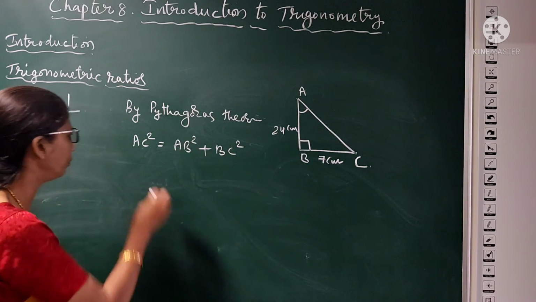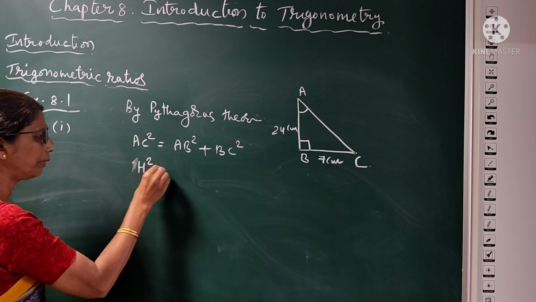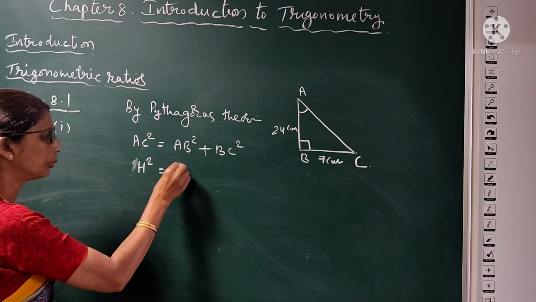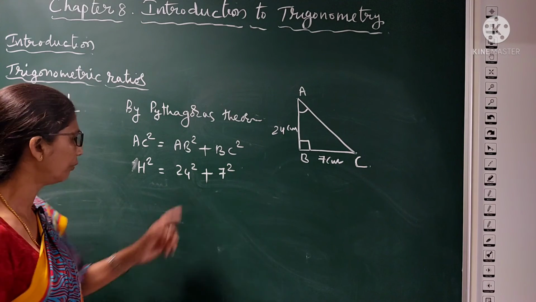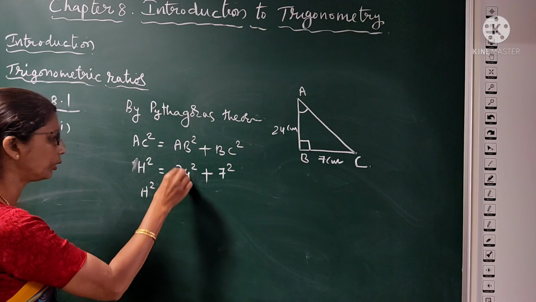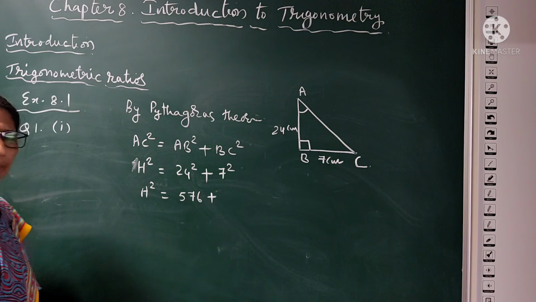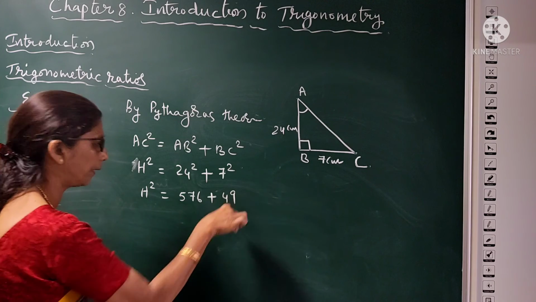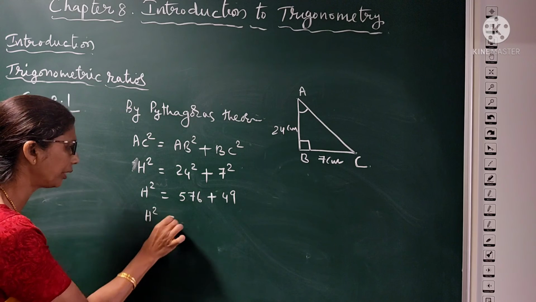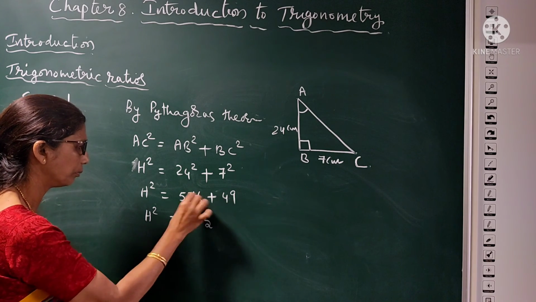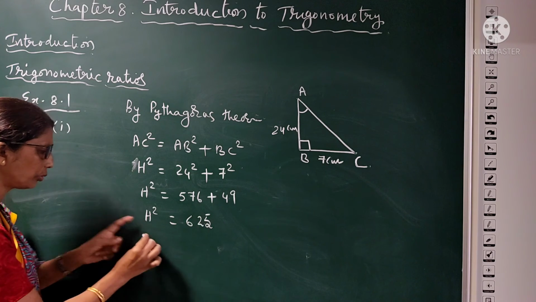Now we can apply the formula here. Here AC square we have to find, that is H square, I am writing here. AB is 24 square plus 7 square. Now we can calculate: H square equal to 24 square is 576 plus 7 square is 49. 576 plus 49 we can add, H square equal to 625.